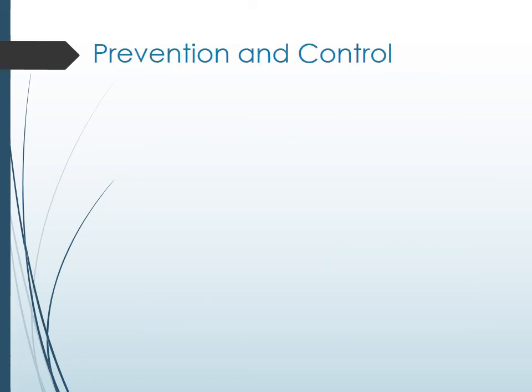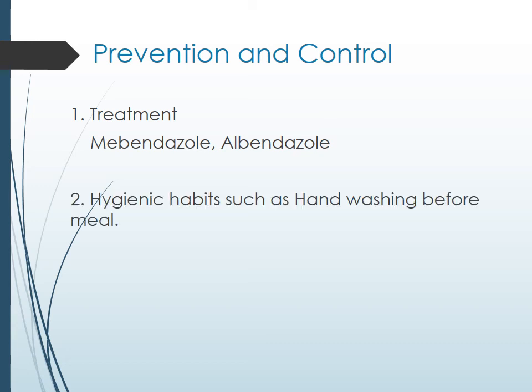And finally, prevention and control. So like other intestinal nematodes, mebendazole or albendazole are the drug of choice that can be given. The hygienic habits play a great role because hand washing before meal is very important.